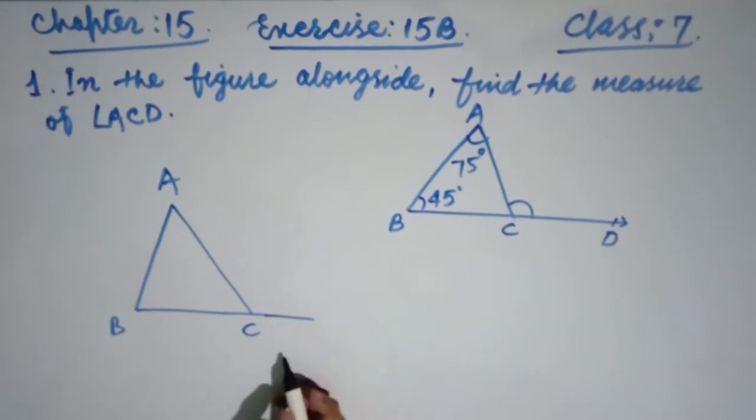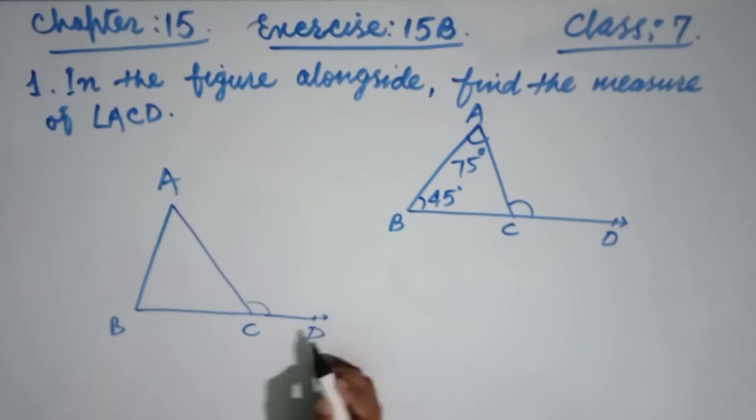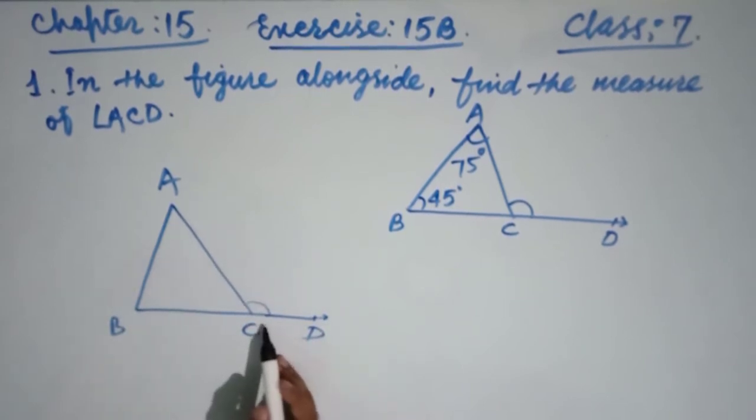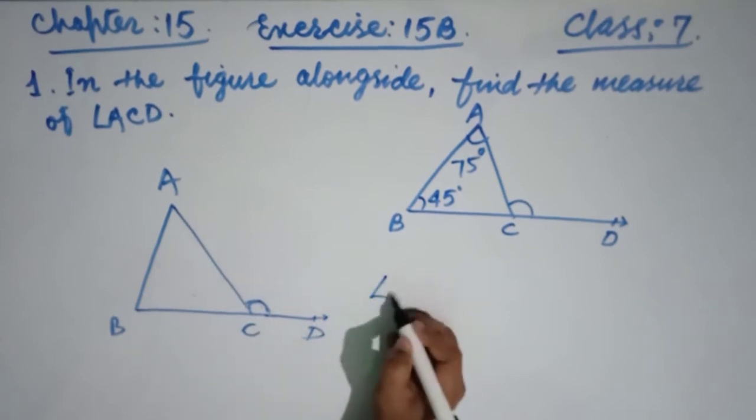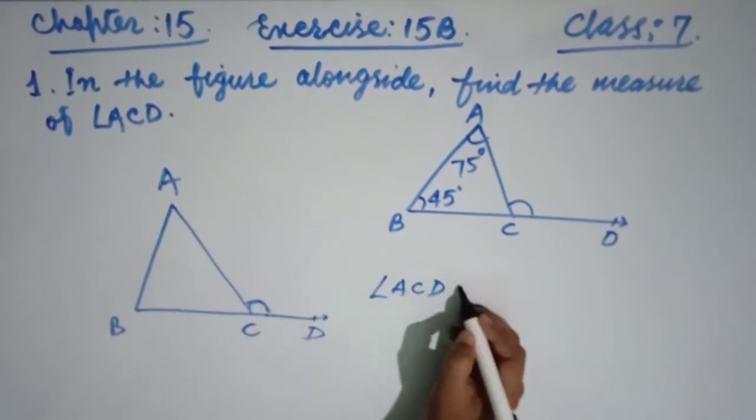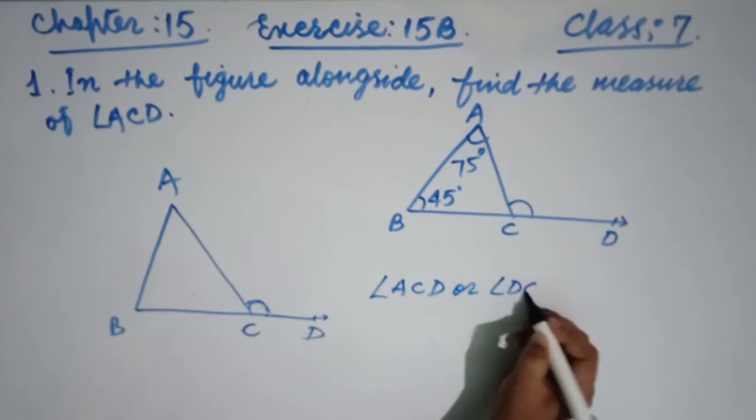Then there is an angle that is an exterior angle. ABC is a triangle. Then angle ACD is an exterior angle of this triangle.